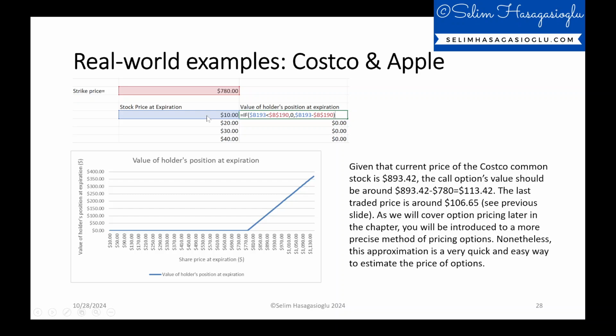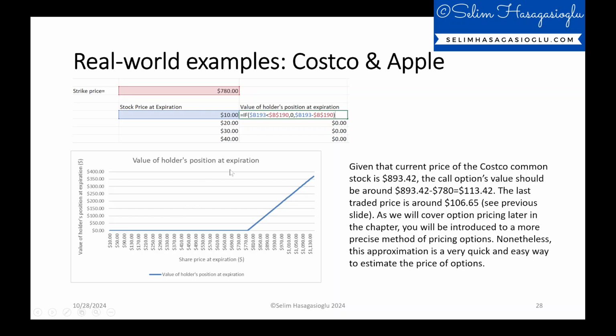When the price of the underlying stock is less than the strike price, the value of the holder's position will be zero. But if not, the value for the option holder will be the stock price minus the strike price.